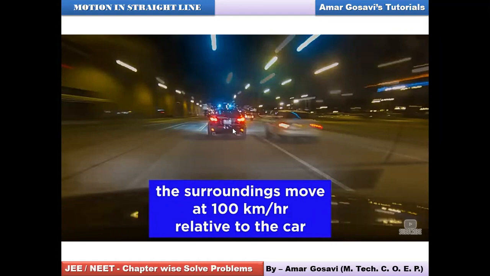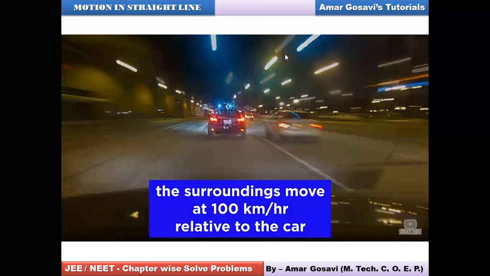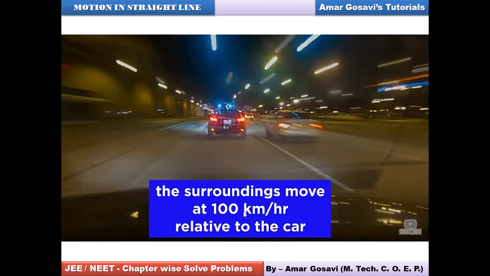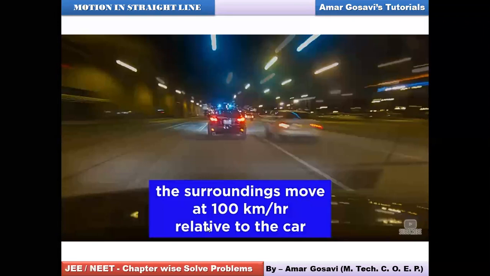You can see this car is moving forward. Comparatively, the surroundings appear to move backward with the same speed at which the car is moving, say 100 km per hour. So with respect to the person in the car, the upper side of the tunnel will also move backward with that speed. So that's the concept of relative motion. Make a note of it before we move ahead.